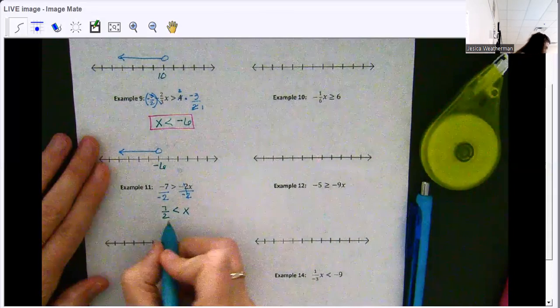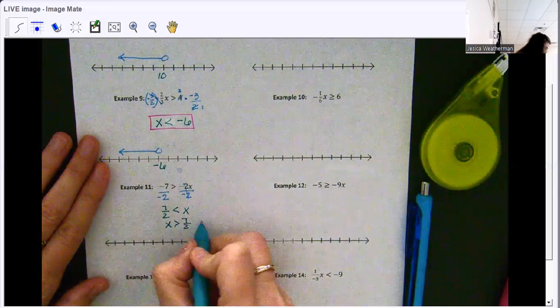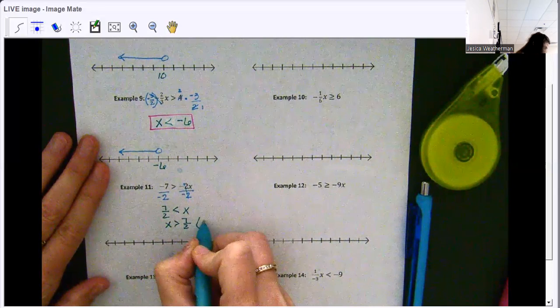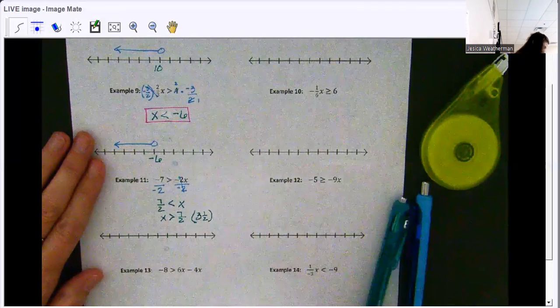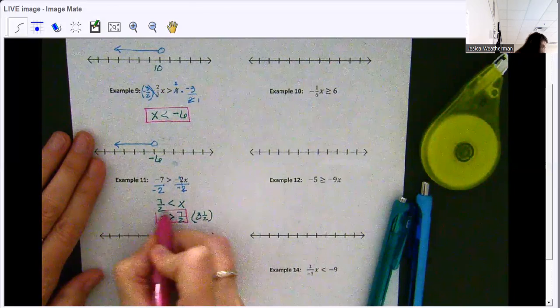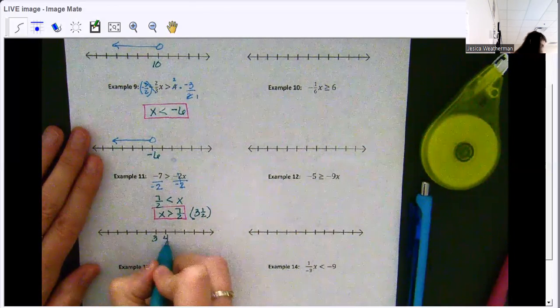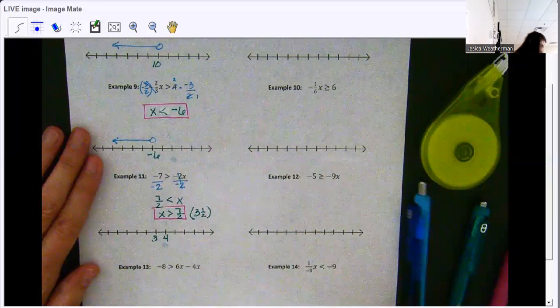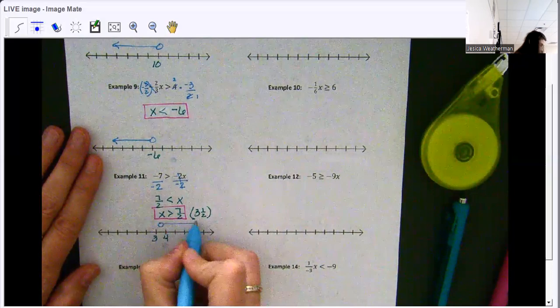Okay. X is greater than 7/2, or you could say 3 1/2, right? Okay, so I'm going to place a 3 and a 4 right here. And I have an open circle in between, and X is greater.